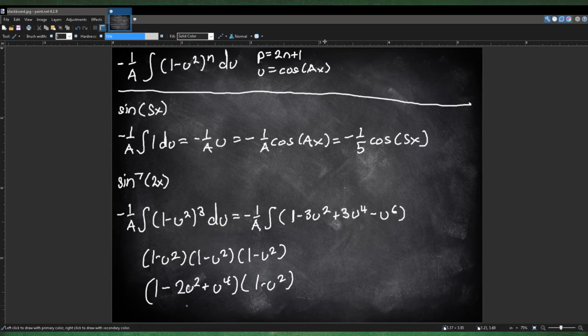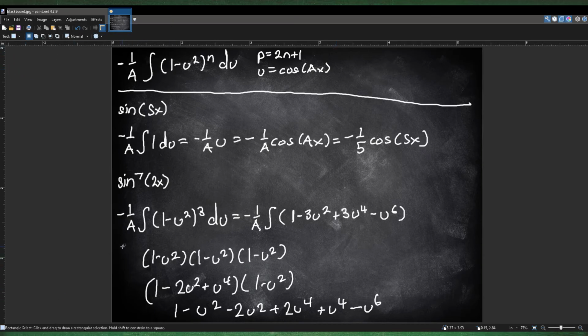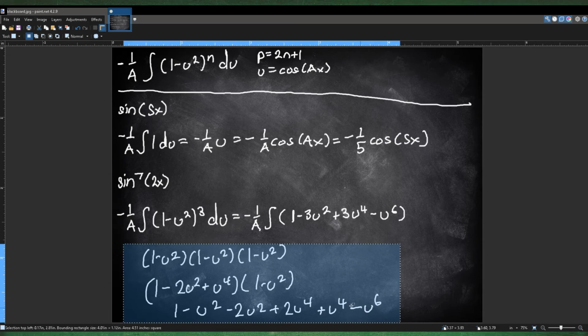So when we distribute out, we have 1 minus u squared, and then minus 2u squared plus 2u to the fourth plus u to the fourth minus u to the sixth, right? So 1, and then negative 2u squared minus u squared is negative 3u squared, and then 2u to the fourth plus u to the fourth is 3u to the fourth, and then negative u to the 6, right? So you could just follow the basic binomial theorem and how it expands out.